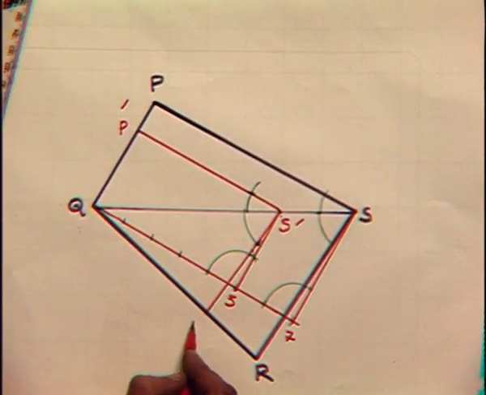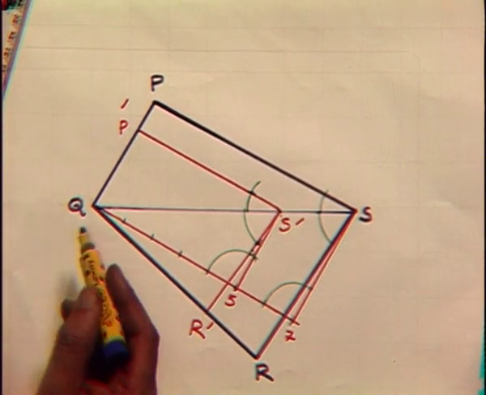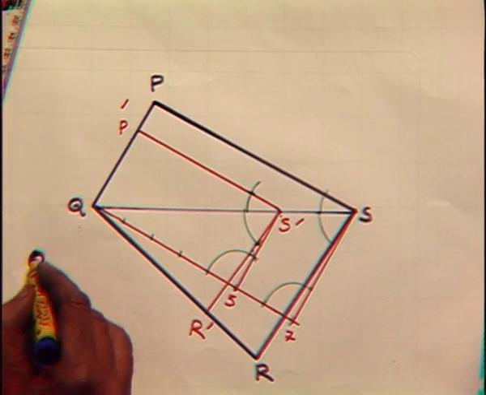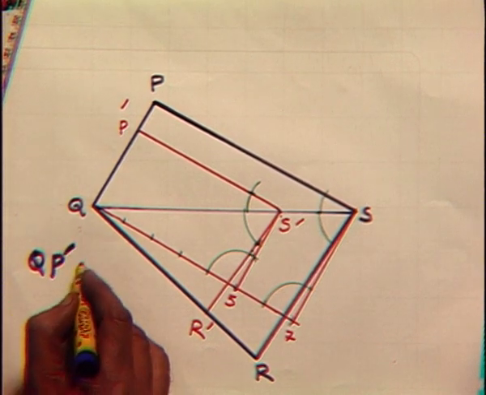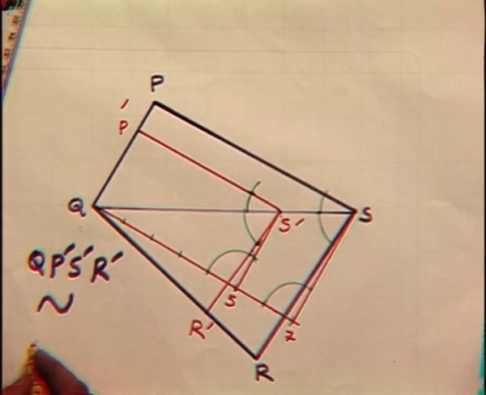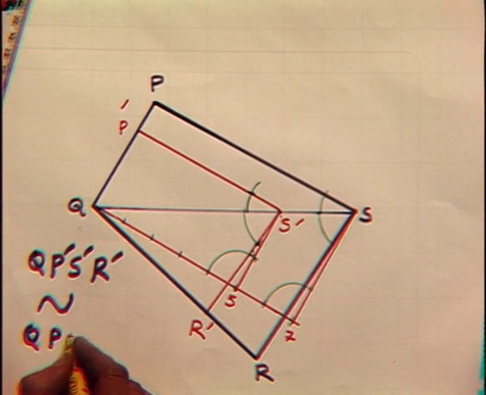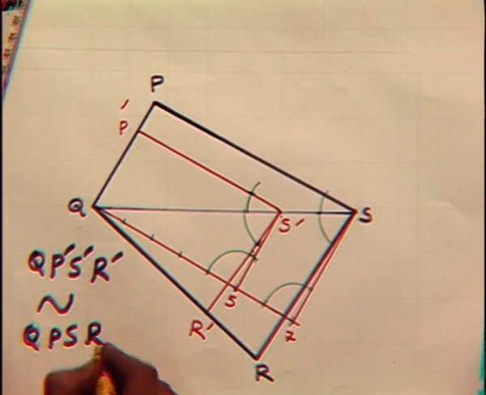Let us name this point as R dash. So, here the quadrilateral Q P dash S dash R dash is similar to the quadrilateral Q P S R.